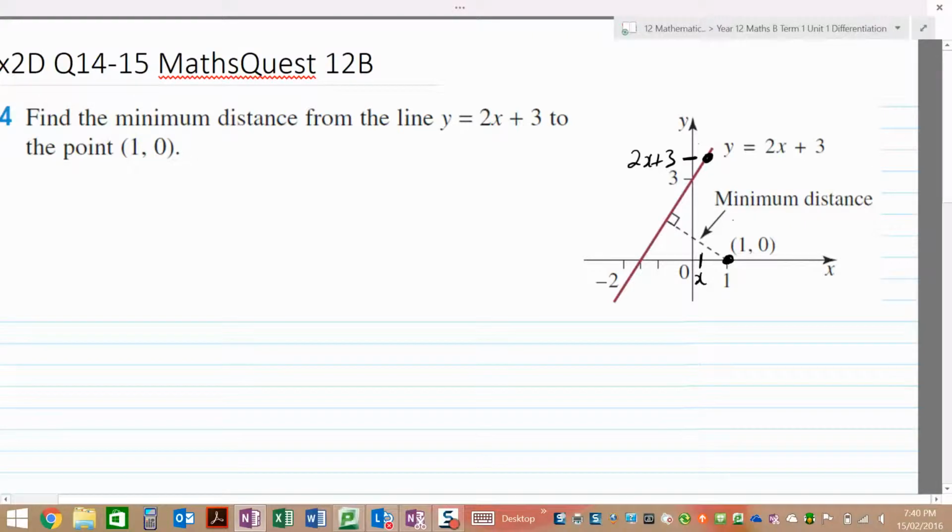I've subbed x into 2x plus 3 and got 2x plus 3. The coordinates of this point are (x, 2x plus 3). I'm going to find an expression for the distance between this generic point on the line and (1, 0).